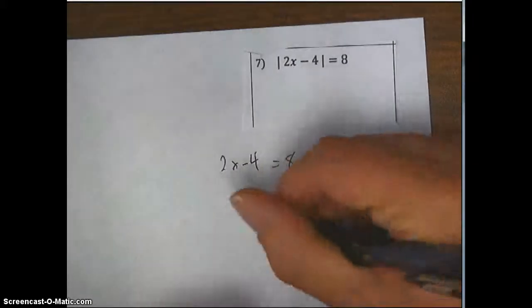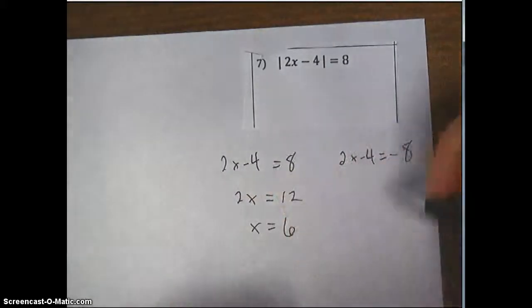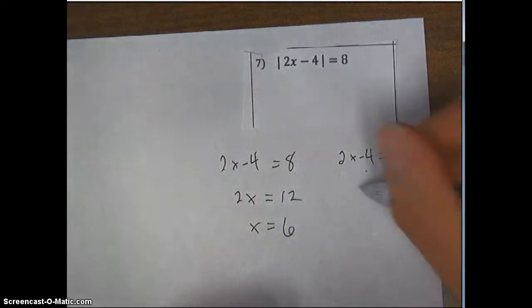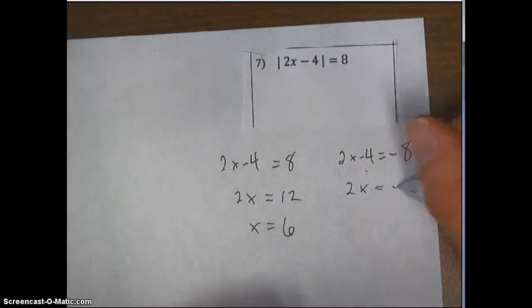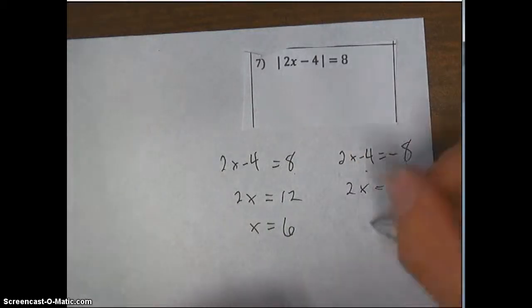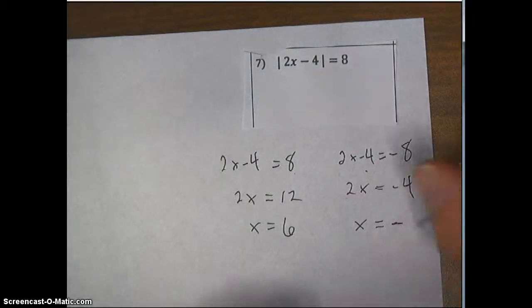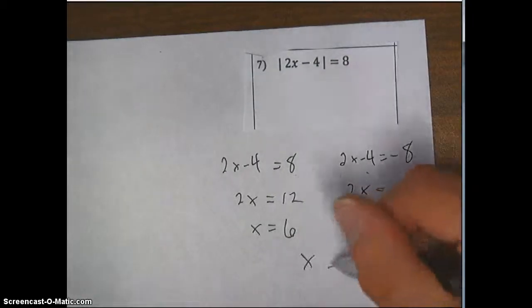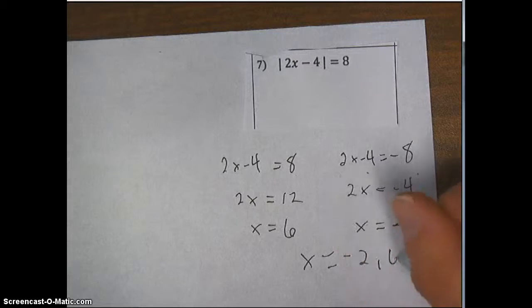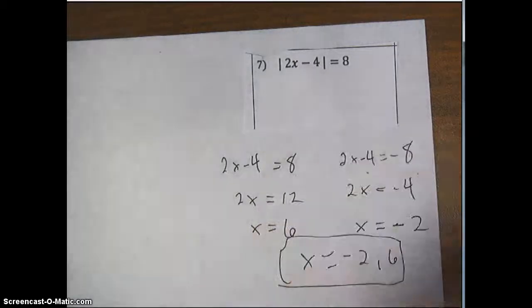Divide by 2. X equals 6. Add 4. 2x equals negative 4. Divide by 2. X equals negative 2. So the answer, x equals negative 2, positive 6. Two answers.